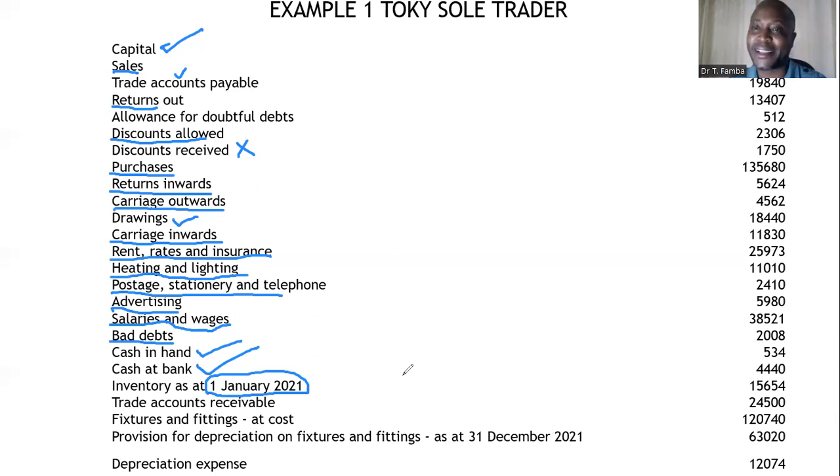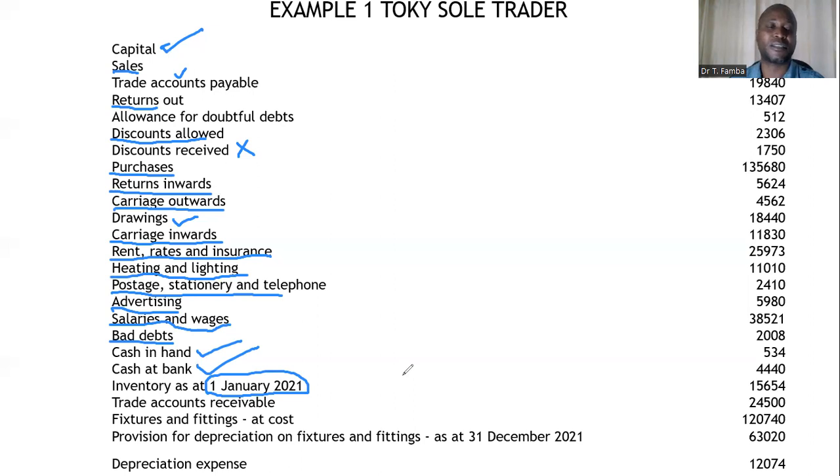Sometimes it's not written that this is opening inventory, and you need to know how to identify opening inventory and how to identify closing inventory. One other aspect is you will have been told when the trading period ends. In this case, we were told that this is 31 December 2021.